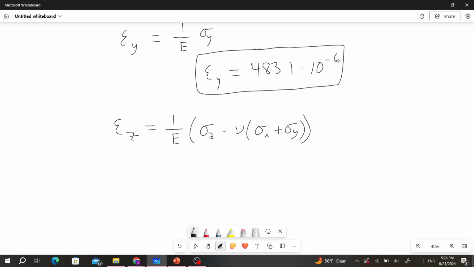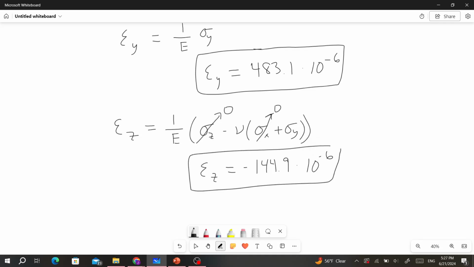And we'll get that epsilon z, knowing that sigma x is 0 and sigma z is 0, we'll end up with epsilon z being negative 144.9 microstrain.